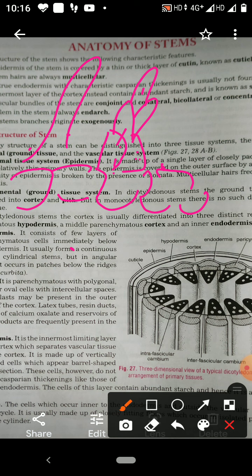Hypodermis is made up of collenchyma. Just after the epidermis, there is hypodermis. So this hypodermis is made up of collenchyma.